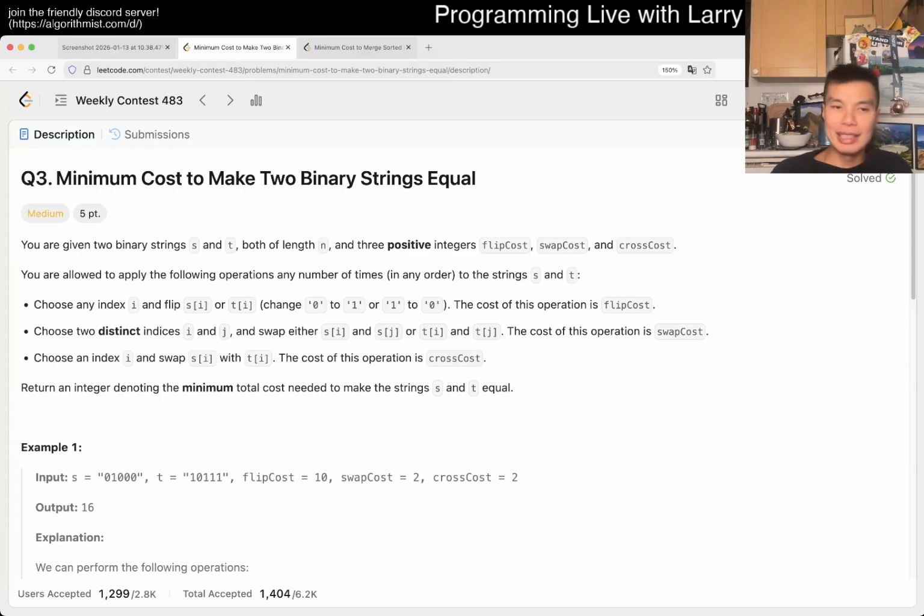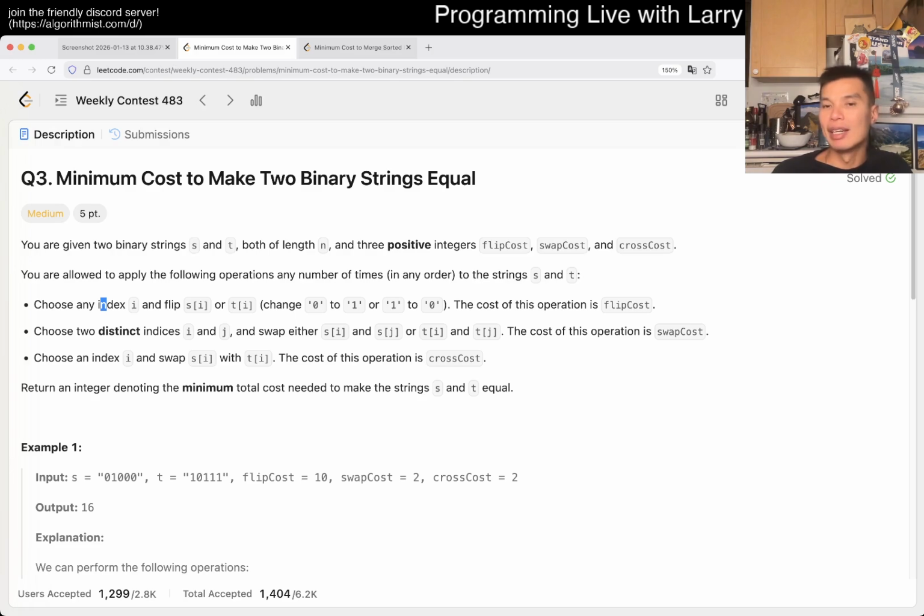The key thing is just noting that because there are operations for each one, there's a flip cost, swap cost, and a cross cost. But what that means is that greedy is going to make sense, right? Meaning that these operations, well, they're only zeros and ones anyway, but even ignoring that, there's nothing that changes things for you.